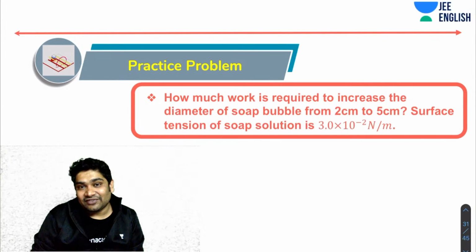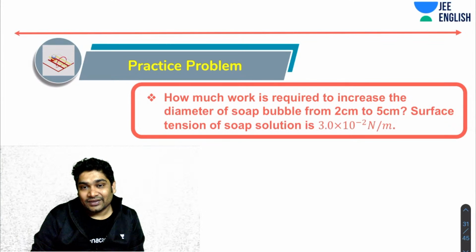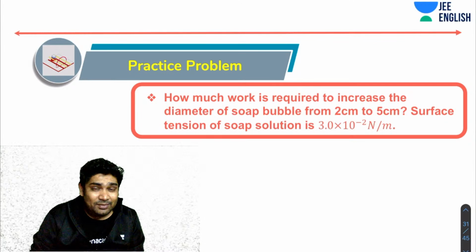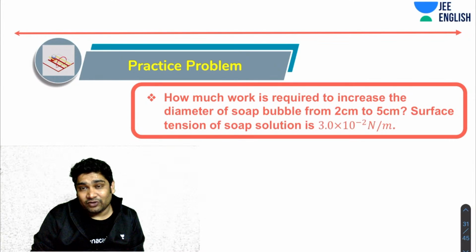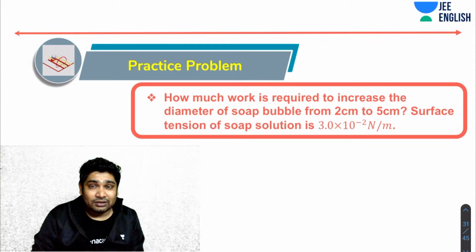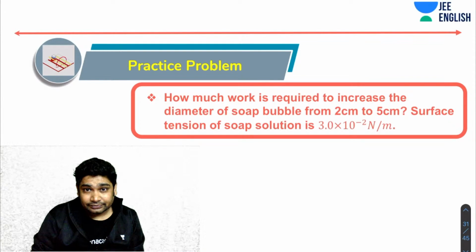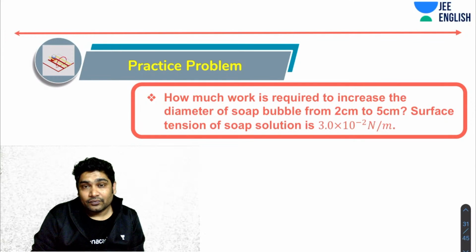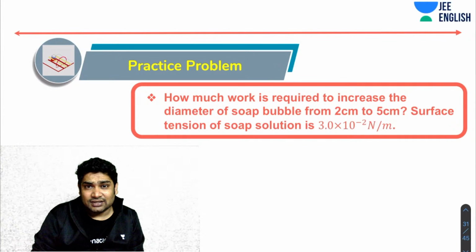That work is going into the surface energy. So try and find out the answer: what is the amount of work required to increase the diameter of the soap bubble from 2 centimeter to 5 centimeter? Think about this and try and give me an answer.